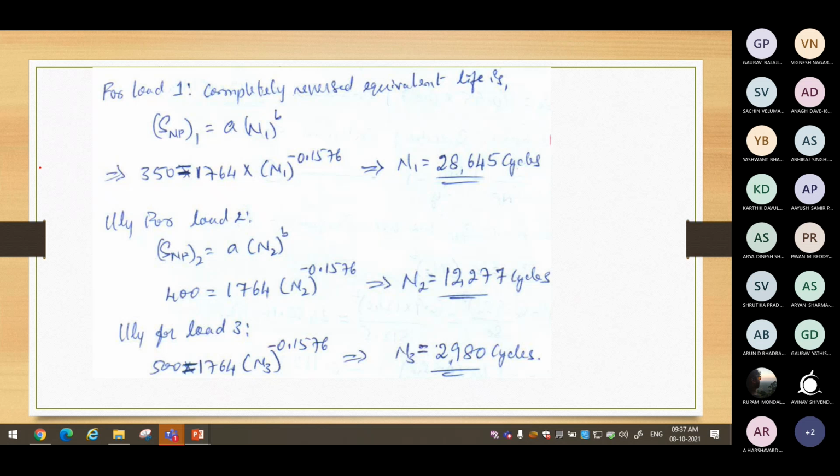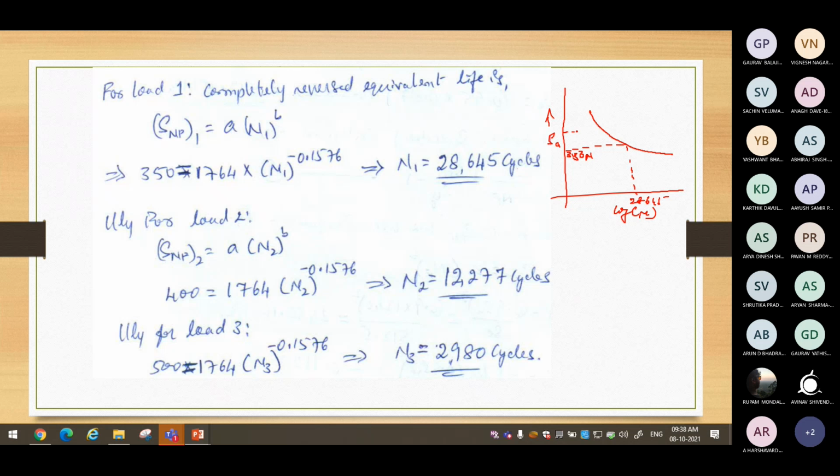Okay. So the data what you have obtained here is nothing but the SN diagram data. Log of life, SA, alternating stress value, and you have the SN diagram data. So if you apply 350 MPa, you are going to find the life of 28,645 cycles.